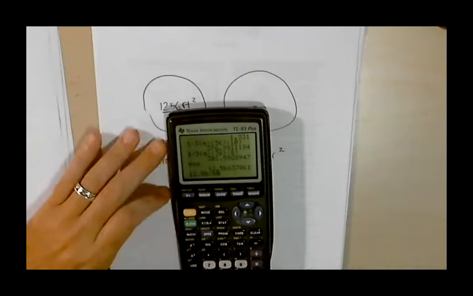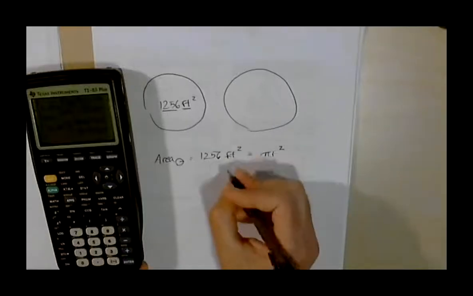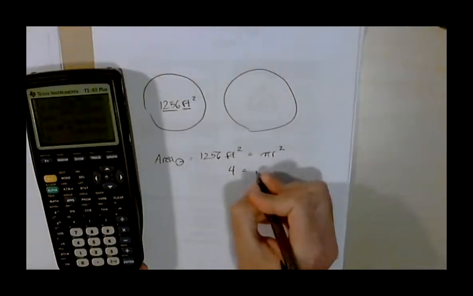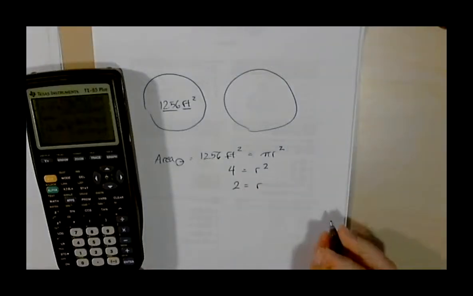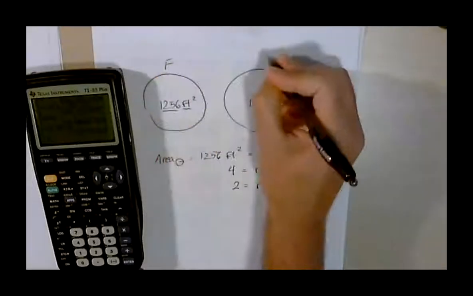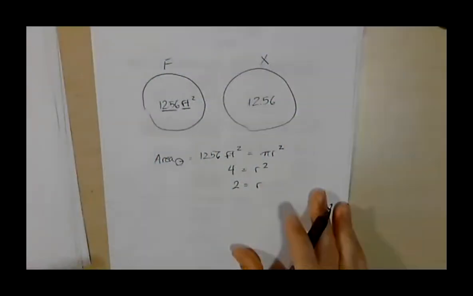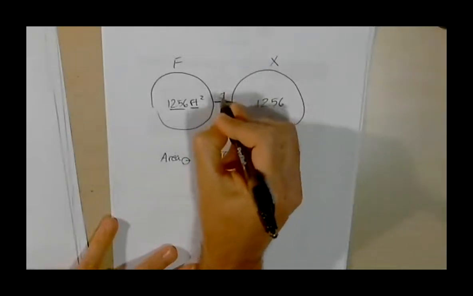Divided by pi, we're going to get 3.99. So basically 4. So 4 is going to equal r squared, so 2 equals the radius of the circle. And that's going to be for both of these circles, apparently, for both Felipe and Zayu's circle. Apparently, these circles need to have 1 foot of space in between them. So there's going to be this 1 foot here.